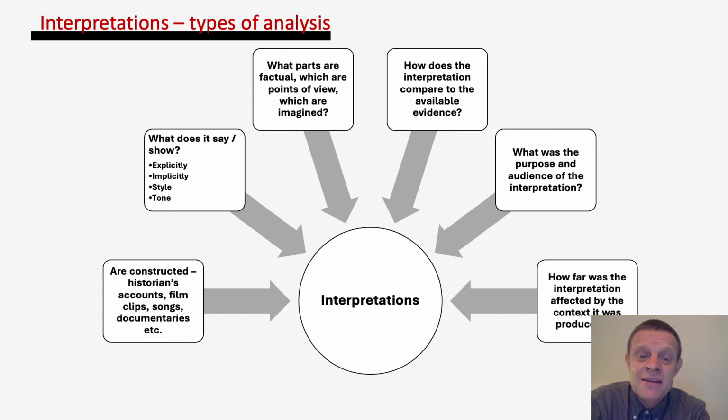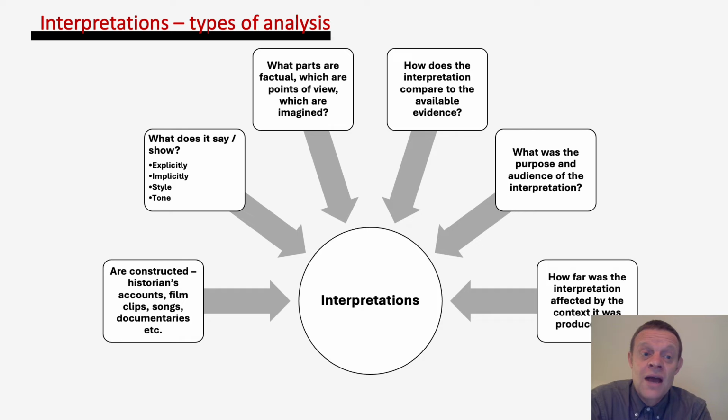we should spend some time working out what an interpretation says or shows, or what message it seems to be giving overall. And we can do this in a number of ways. We can take it at face value and think about what it's saying explicitly. We can then dig in and look in a little bit more detail at what it seems to be subtly suggesting implicitly.